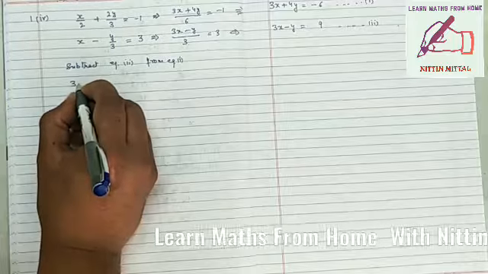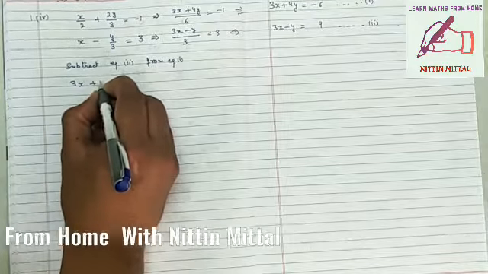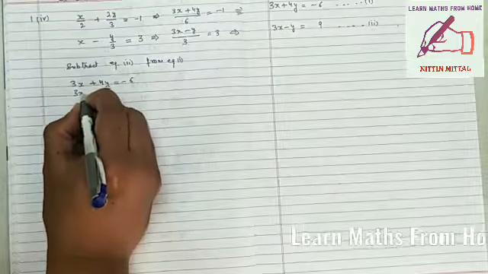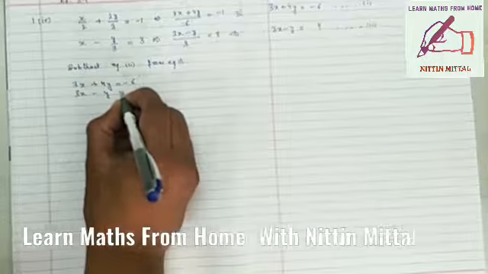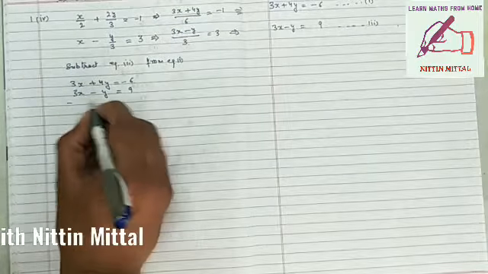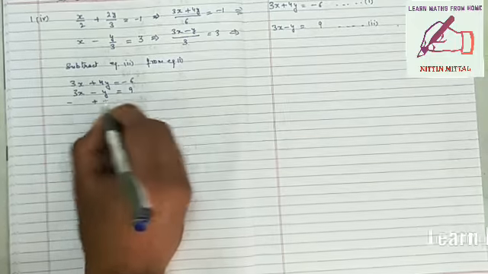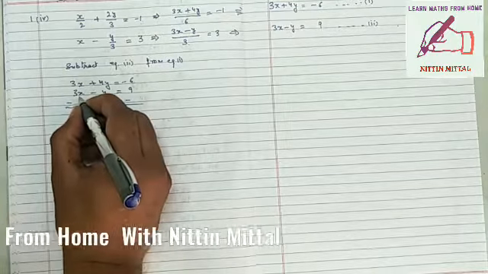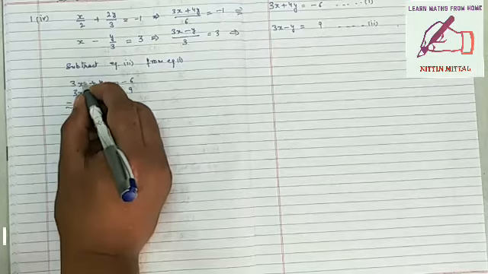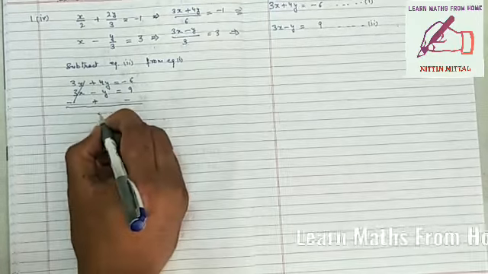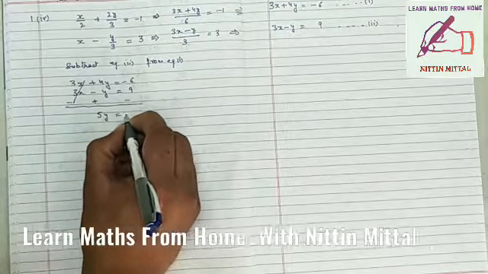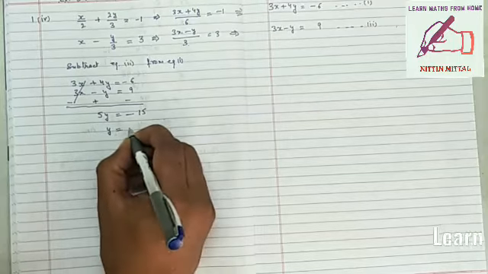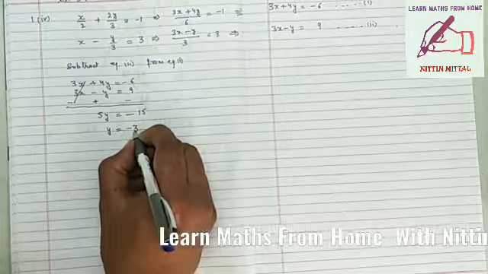So from 1 we have written, the first equation will be written first. 3x minus y equal to 9. Sign will change because we are subtracting. And now if you see, the lower term 3x sign is negative now, so eliminated. 5y equal to minus minus plus 15, so y equal to minus 15 over 5, minus 3.